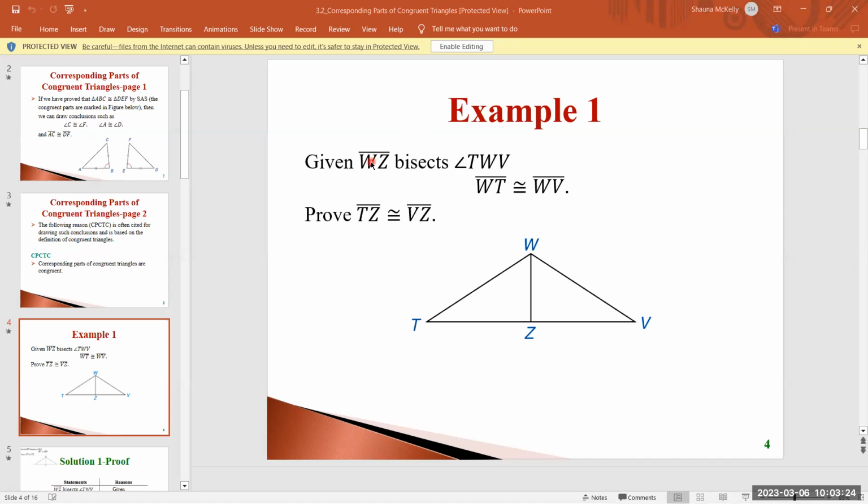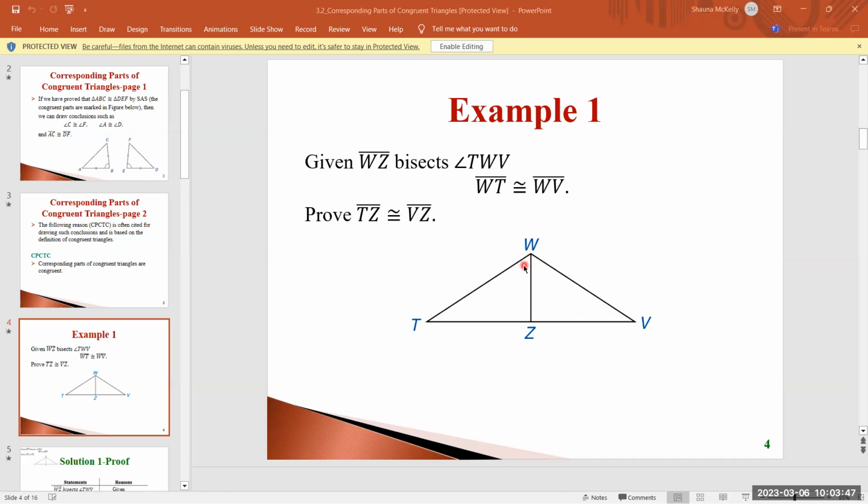Given that WZ, this segment, bisects the angle, it doesn't say it bisects the side. It says it bisects the angle TWV. It bisects this angle here.